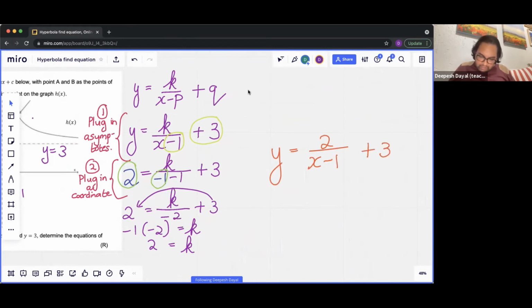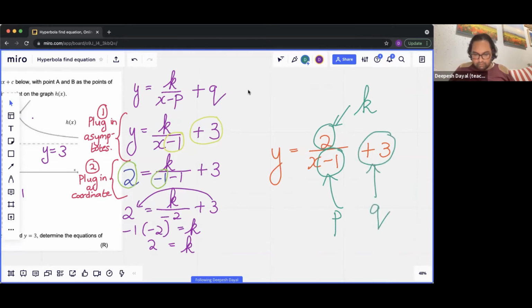So what does this equation have? What do we leave behind? Because there are some things here that we've left behind. So we put back the k, we put back the p, and we put back the q. So we put back three things.